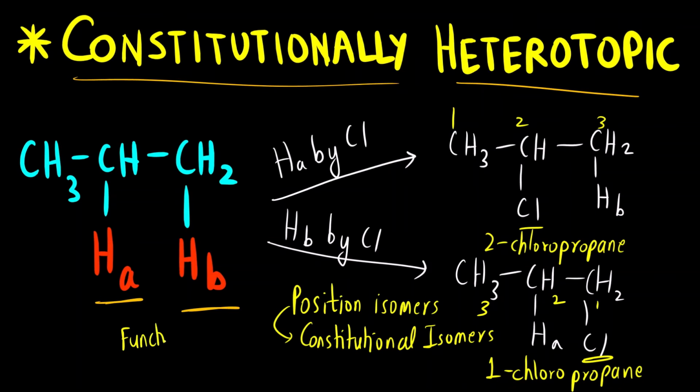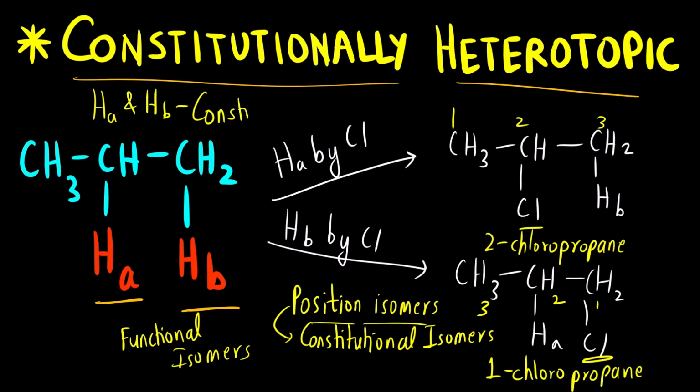Here there are position isomers. They are constitutional isomers. That is why we call HA and HB here constitutionally heterotopic.